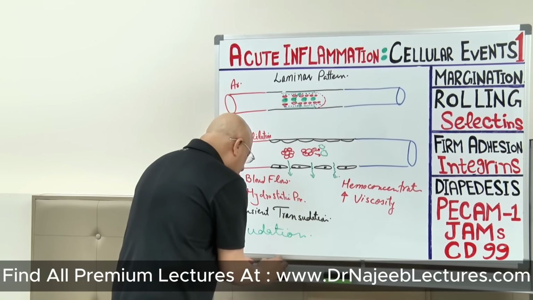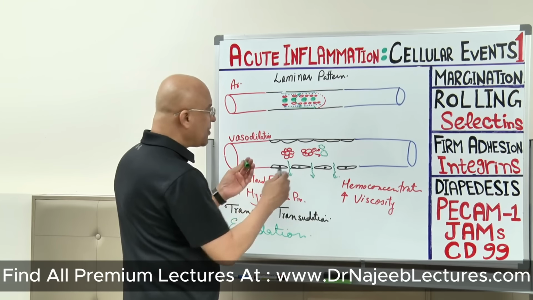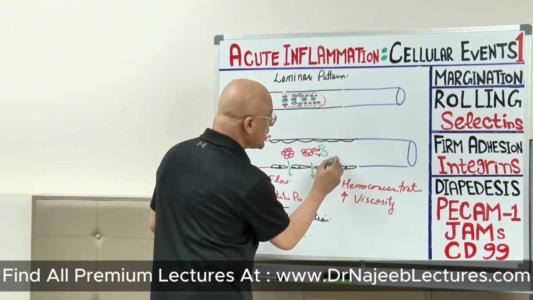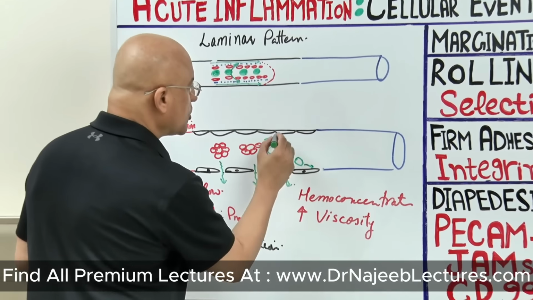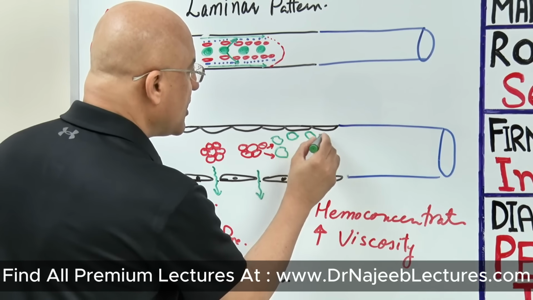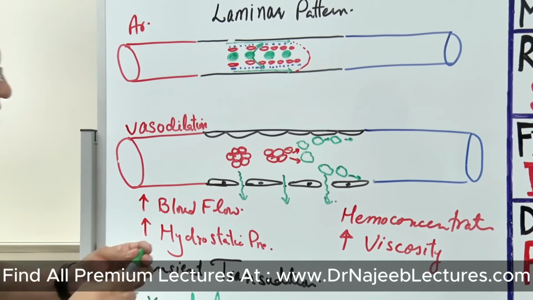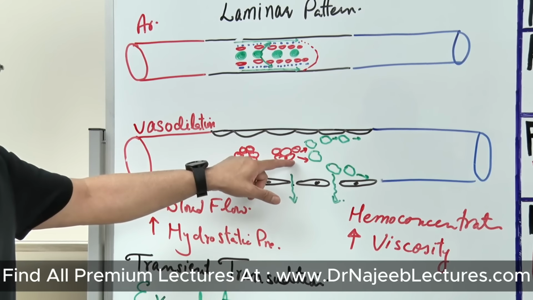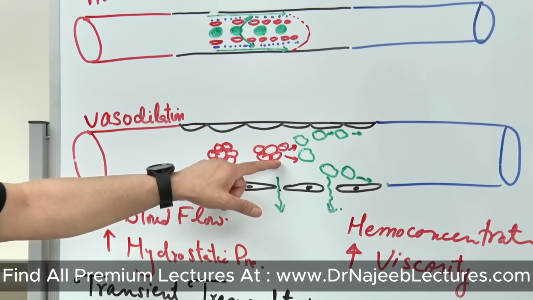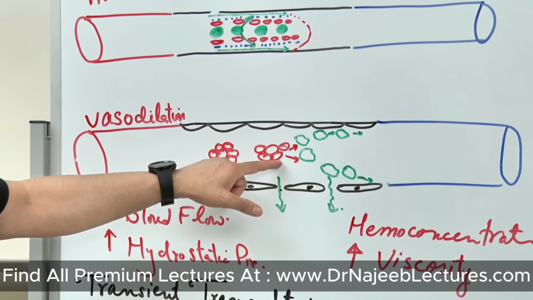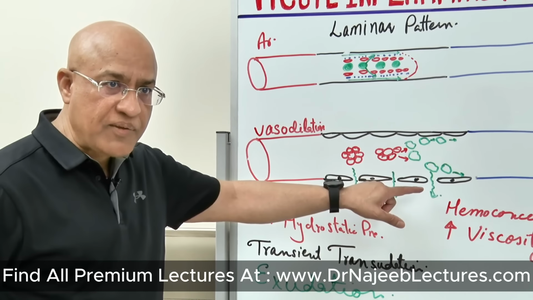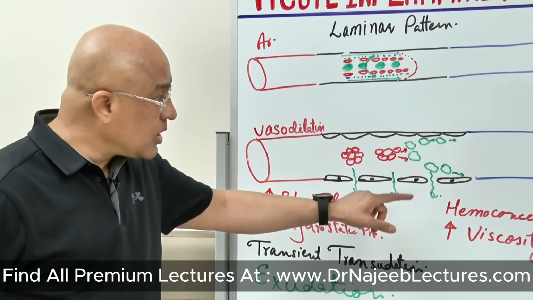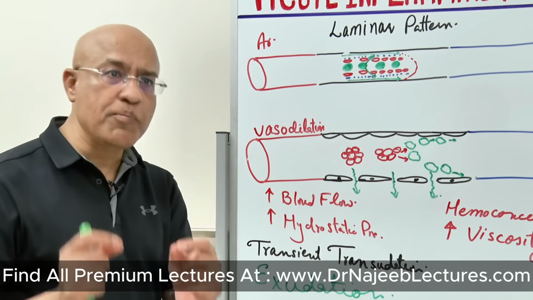So the pattern of blood flow will happen in such a way that neutrophils are now coming on the periphery and they start rolling on the endothelial cells. Right? Now this process of pushing the white blood cell from the central axial blood flow in inflamed microcirculation towards the periphery and more near to the endothelial cell is a requirement.